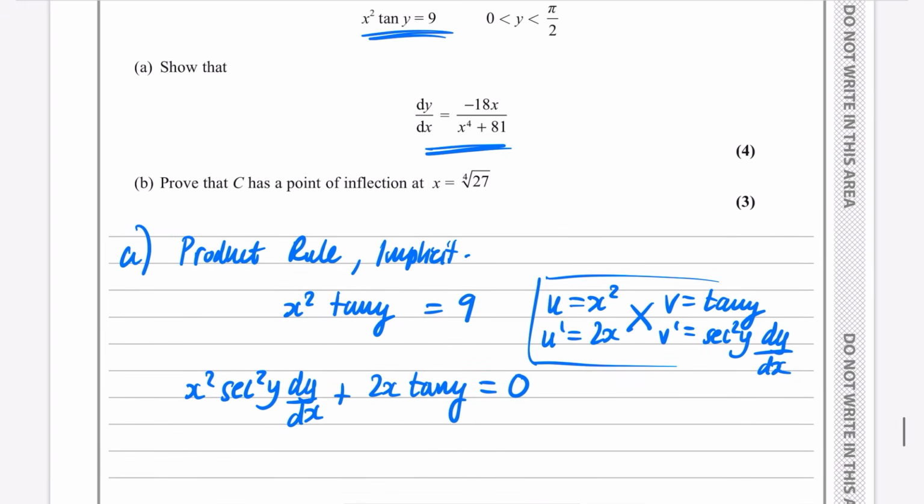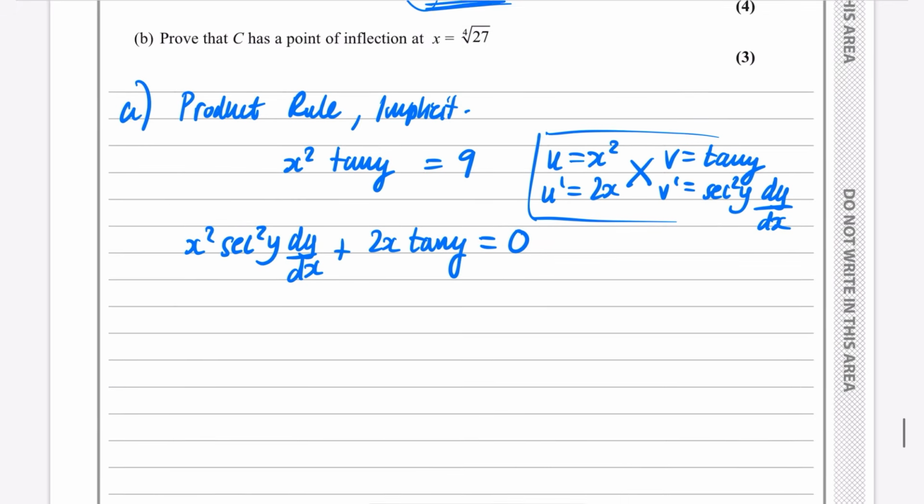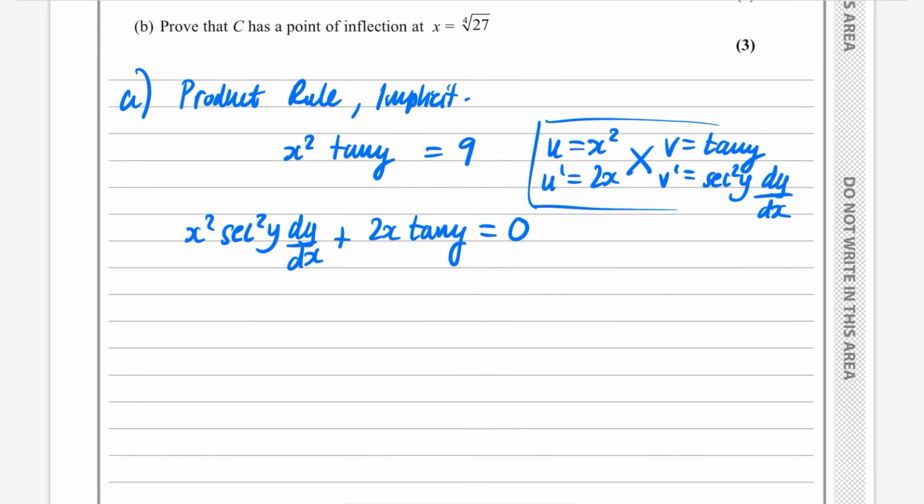Now what I'm going to try and do is make dy by dx the subject, like they've got here, and then I'm going to deal with the fact that they only have x and we've got y with ours. So I'm going to begin by subtracting the 2x tan y onto this side, leaving me with x squared sec squared y dy by dx.